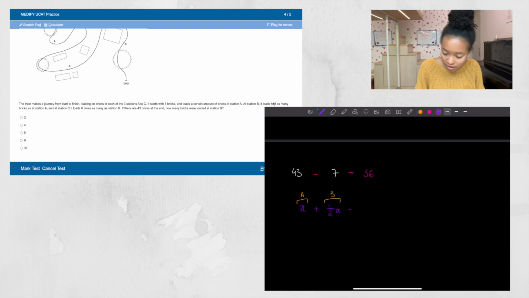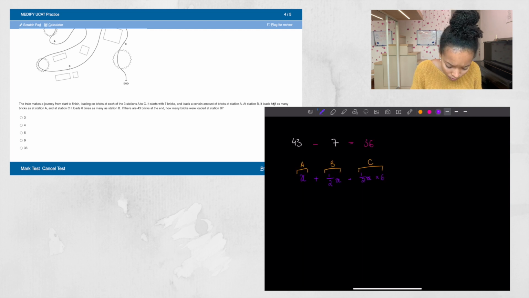And then at station C, you load 6 times as many as B. So you would have half of X times 6. So that's at station C. Okay? And actually, half times 6, that's actually 6 divided by 2, so that's 3 x's. That's equal to 3 x's.